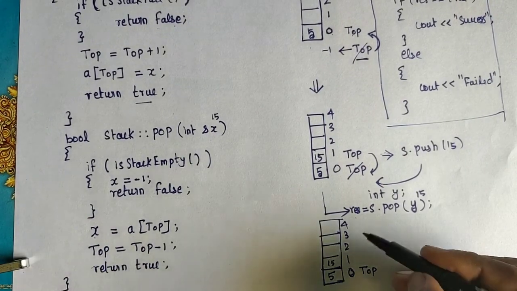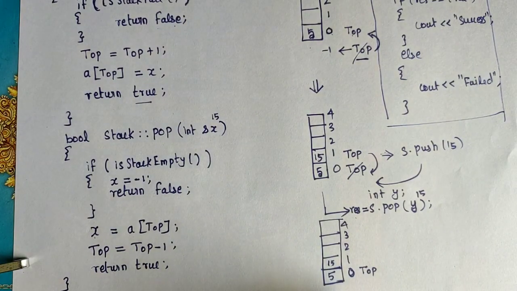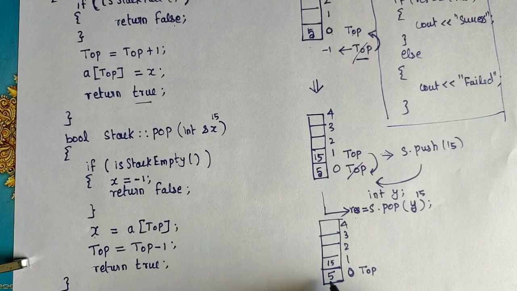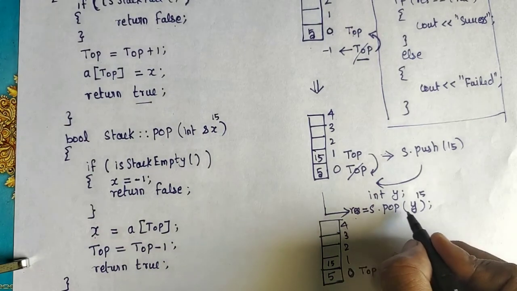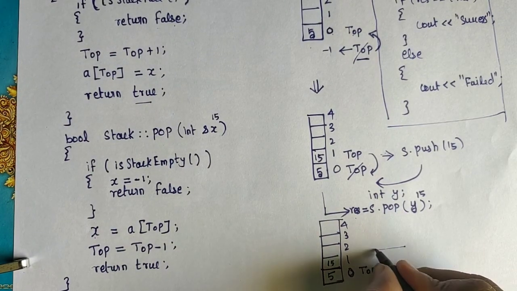So logically we have deleted the element. Physically, if you look at that location, a of 1 is having the 15, but logically it is deleted. Why are we calling it logically deleted? After deleting the 15, the top is 0.